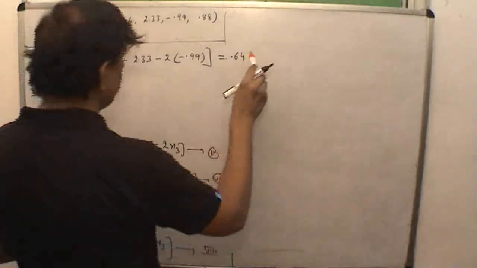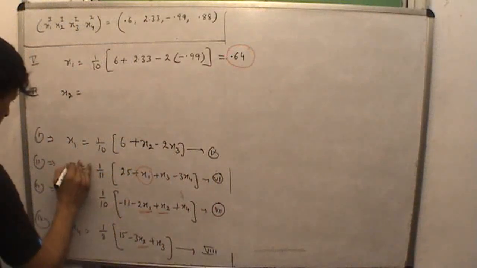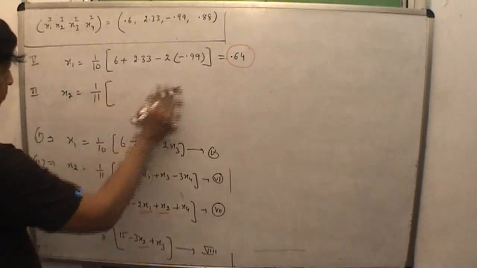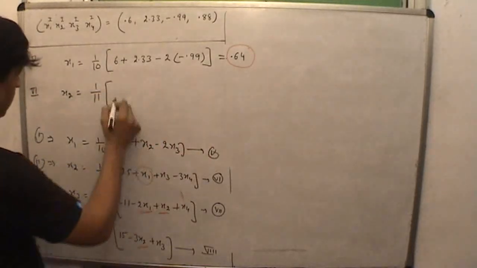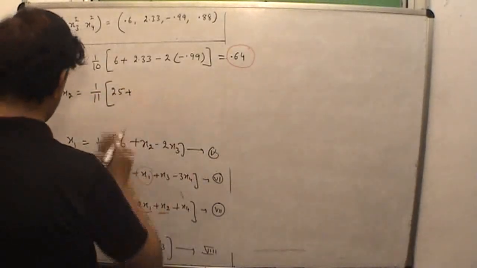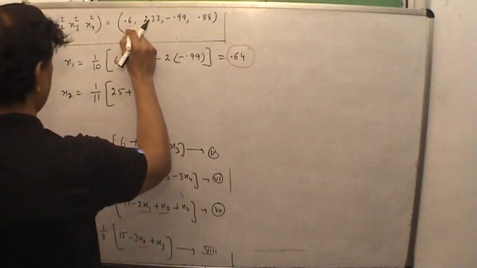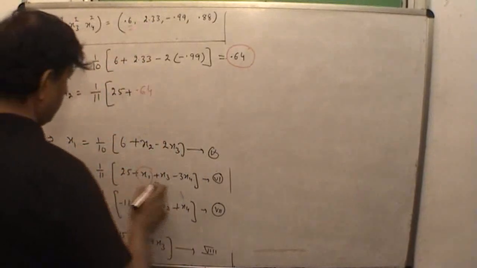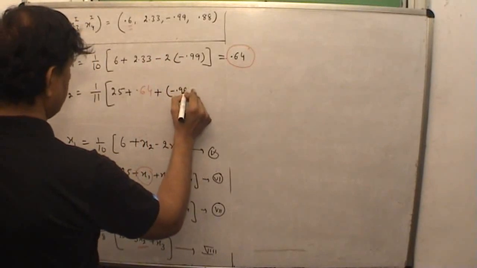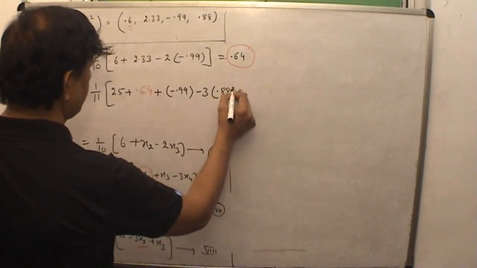Then from equation 6 we get x2. Here it is the new value for x1. When we are going to calculate x2, we keep in mind that we have to use this new value of x1. That is 25 plus x1, we use this value 0.64, plus x3, again x3 minus 0.99, minus 3 times x4, it is 0.88.